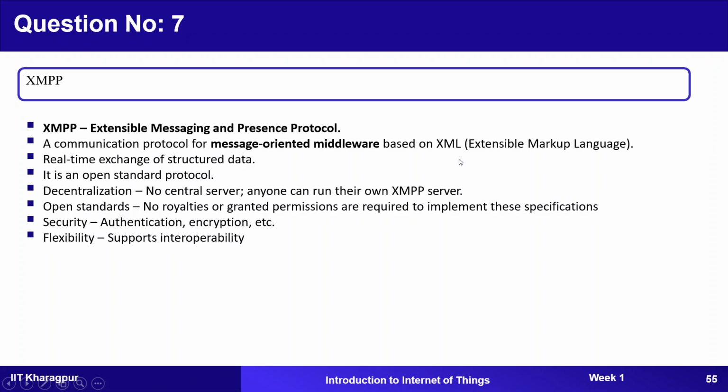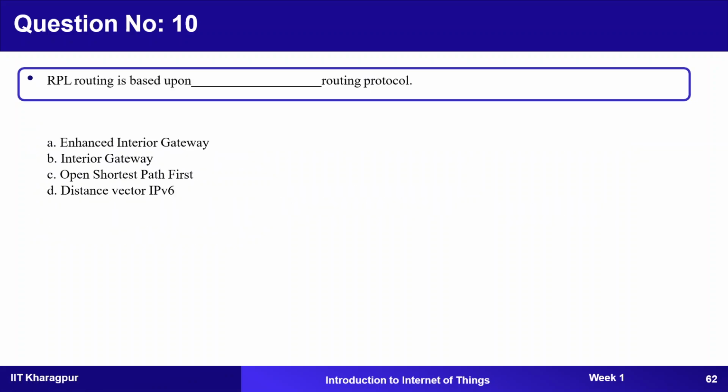Next question is, RPL routing is based upon blank routing protocol. Options are enhanced interior gateway, open shortest path first, and the last option is distance vector IPv6. Anyone?